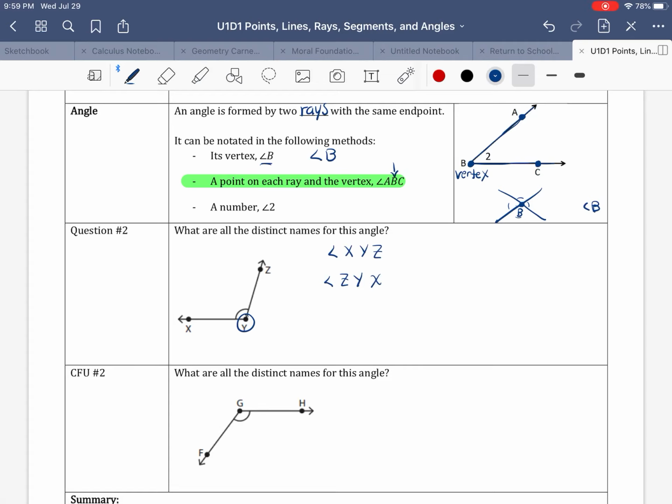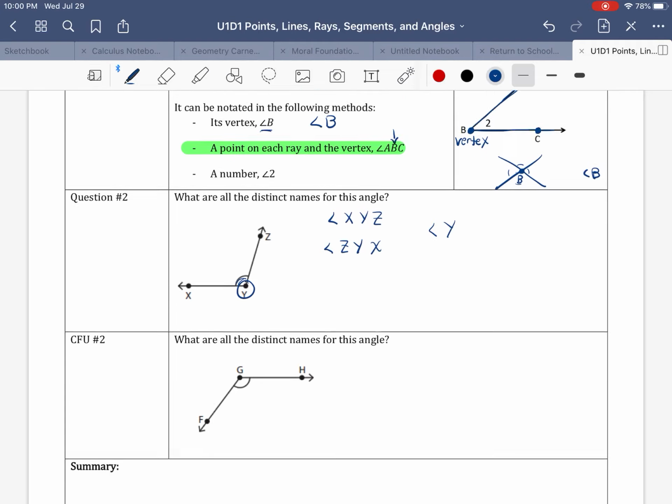And then you wouldn't write this if you didn't have to, but if it were in a question, you would be able to recognize that angle y is also talking about this angle as well. You can see there's no number 1, 2, or 3 or anything like that. So these are your 3 distinct names for the angle, all right?